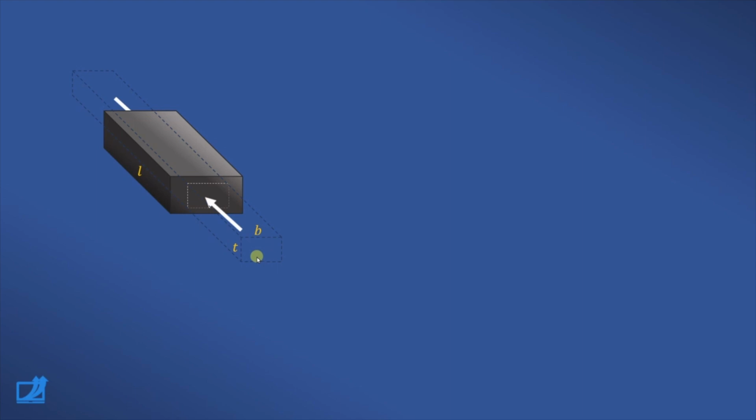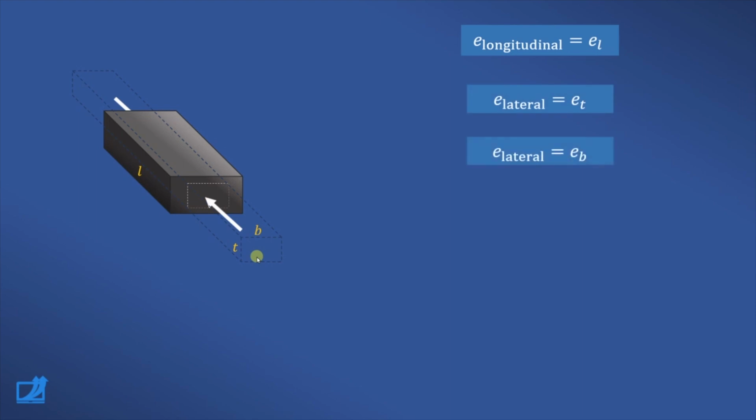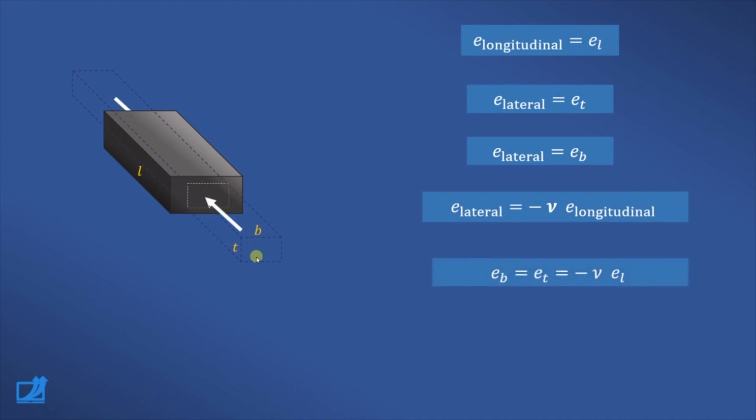So in this case, strain in length is negative. Longitudinal strain is strain in length and it is negative, and therefore lateral strain, strain in thickness and strain in width, is opposite to longitudinal strain. Negative strain means the corresponding dimension has reduced, and positive strain means the corresponding dimension has increased.